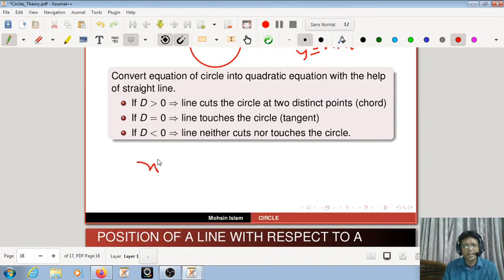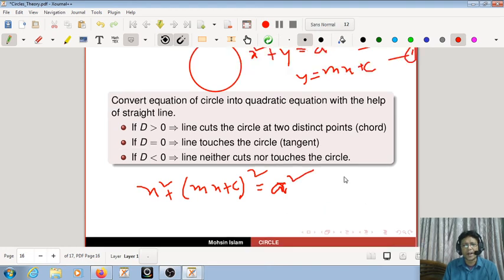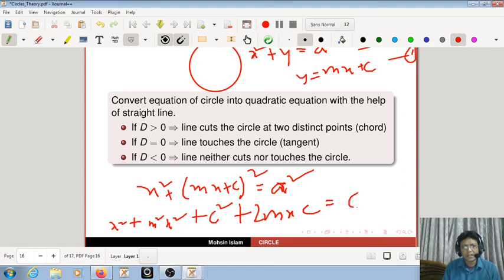So if I eliminate, then this equation can be written by replacing y by mx + c: x² + (mx + c)² = a², right? And if you expand, using (a + b)², this is m²x² + c² + 2mxc, and the whole thing equals a².